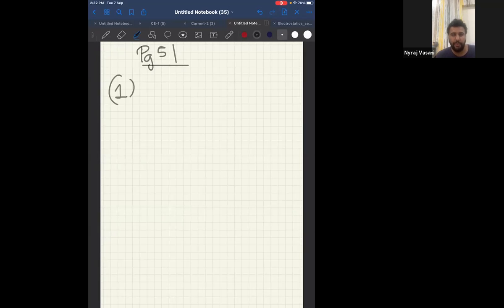Page 51, question number 1. Can you see the side heading? Velocity of simple harmonic motion. Can you see that side heading? In that, question number 1. Start.